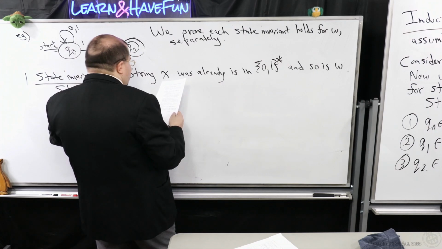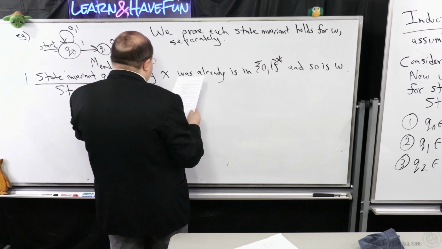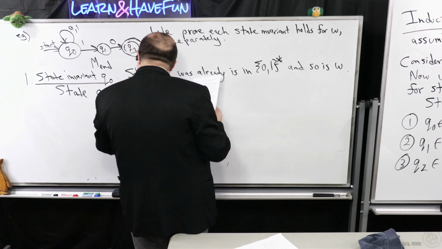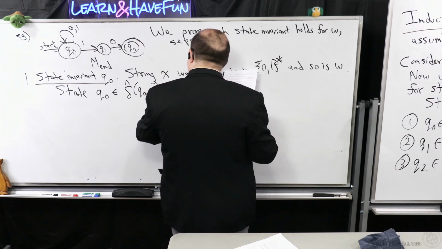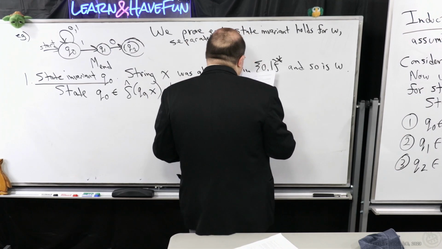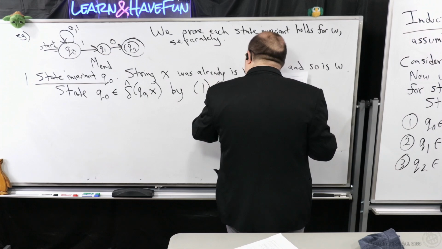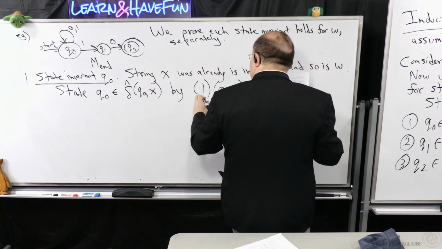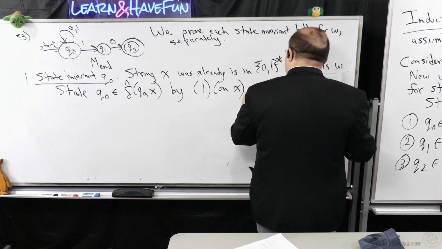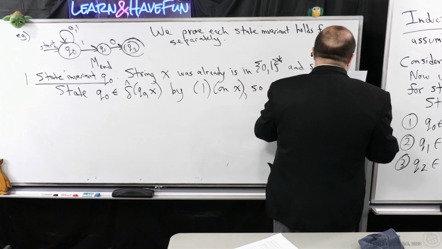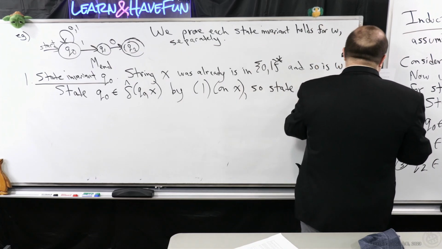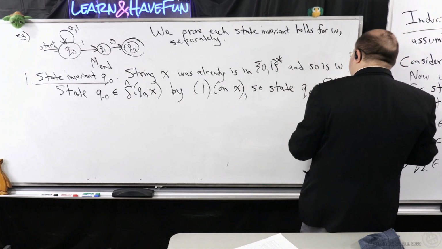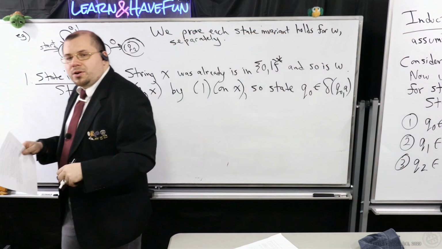So state Q0 is in delta hat Q0 X. So upon processing X by the first invariant, and I must stress this is on X, I'm applying what we have over there. So state Q0 is in delta Q0 A. So I'm applying the transition function on Q0 given A.